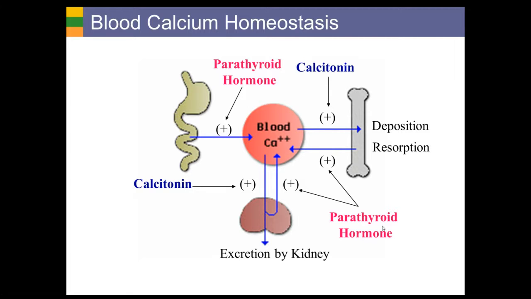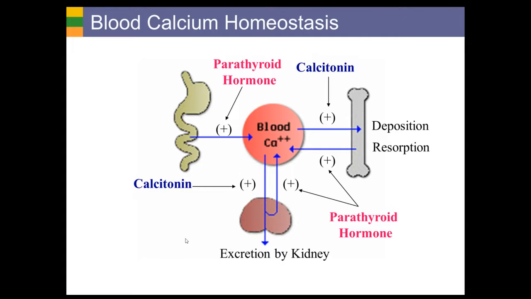Now, students often mix calcitonin and parathyroid hormone up. They remember that they both control blood calcium levels, but they can't remember which one raises it and which one lowers it. So what I tell students to remember is parathyroid hormone increases blood calcium levels, calcitonin tones it down.